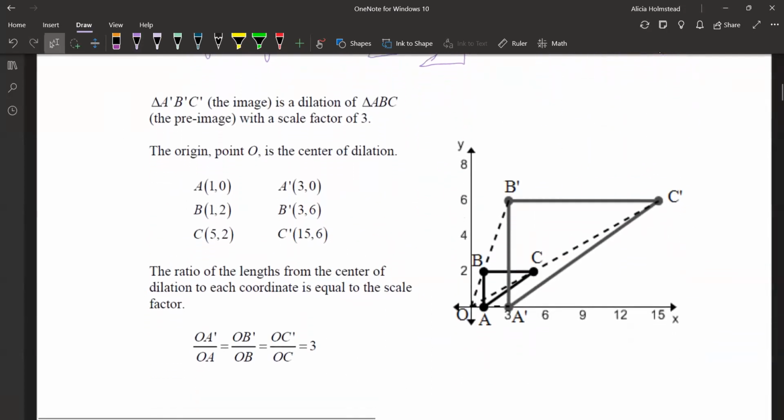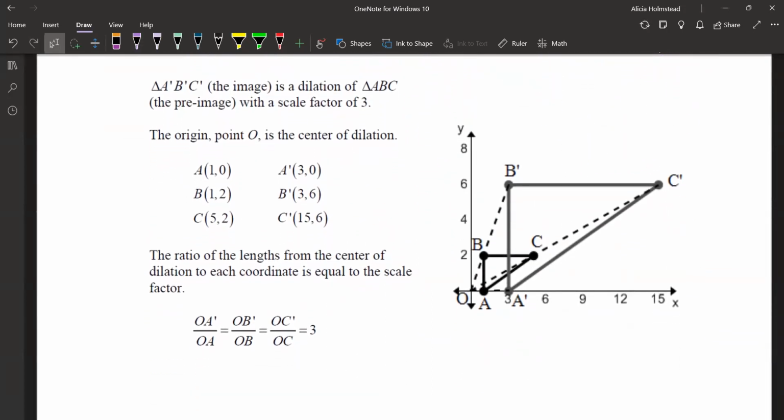Okay, so let's look at an example here. Triangle A prime, B prime, C prime, those primes are what we use to denote the dilated image. So that would be this one, A prime, B prime, C prime, is a dilation of triangle ABC, which is going to represent our original triangle here, sometimes known as the pre-image, with a scale factor of 3.